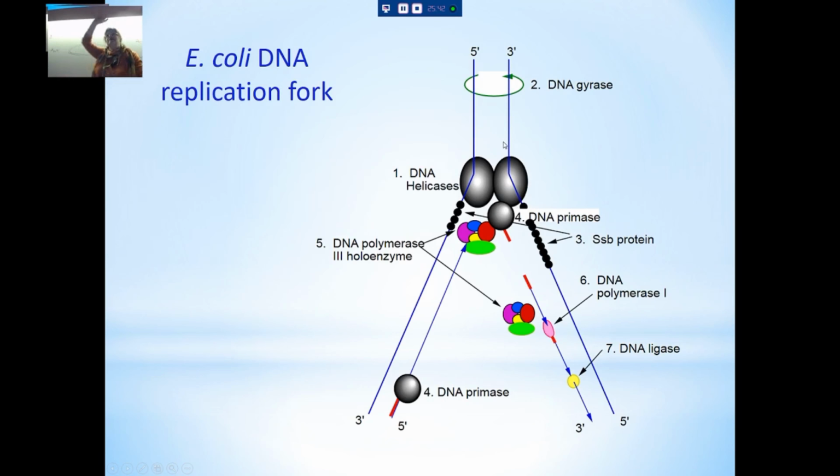But you only make short fragments. And in order to be able to put all of this together, we need, so this is DNA polymerase III. It's the major workhorse for DNA chromosomal replication, but it also requires another DNA polymerase known as DNA polymerase I. DNA polymerase I is a very small polymerase with kind of three functions.